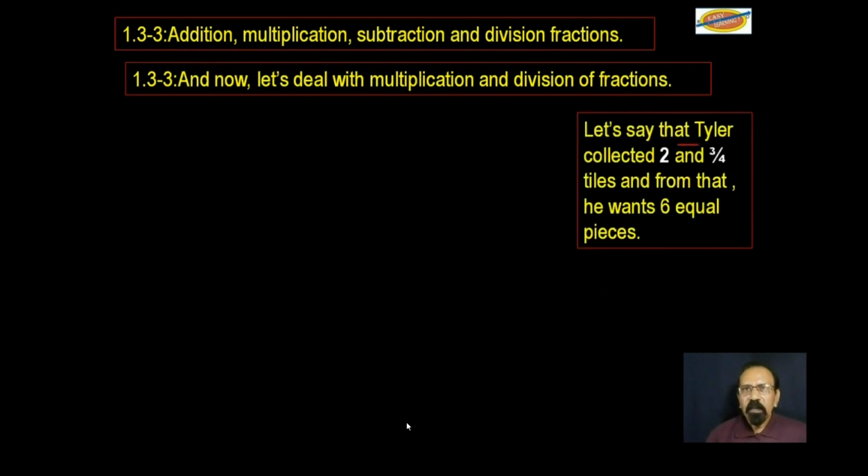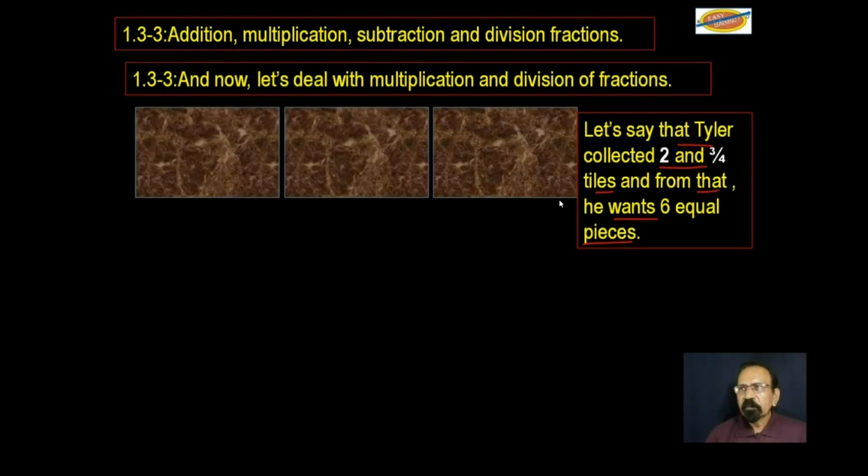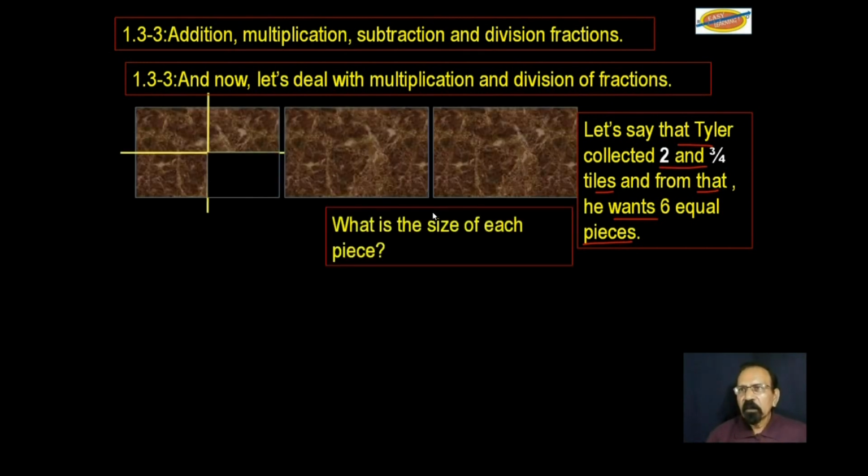Now let's say that Tyler collected 2 3/4 tiles, and he wants to divide that into 6 equal pieces. What is the equivalent that one of those 6 pieces would be? So what is the size of each of the pieces?